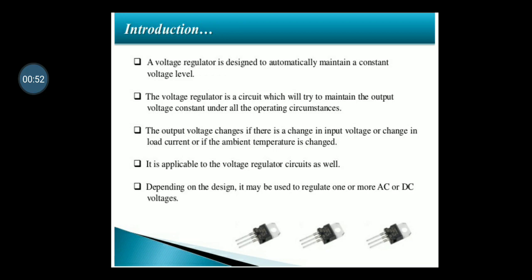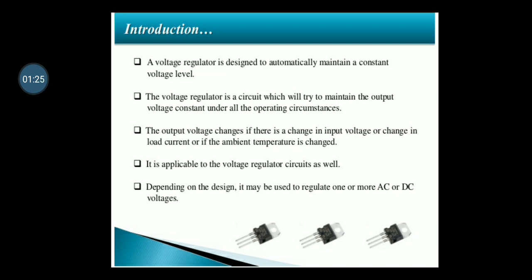A voltage regulator should be capable of providing substantial output current. Voltage regulators are classified as series regulator or linear regulator, and switching regulator. So first, let us look into the introduction of the voltage regulator. A voltage regulator is designed to automatically maintain a constant voltage level. It is a circuit which will try to maintain the output voltage constant under all operating circumstances.